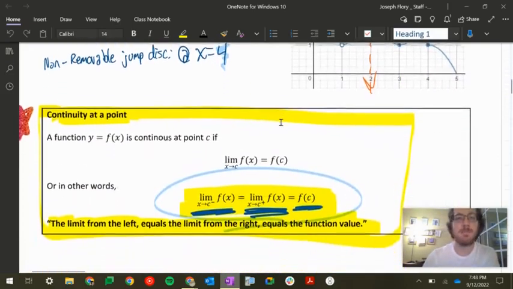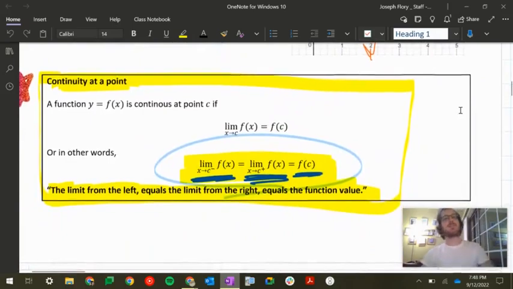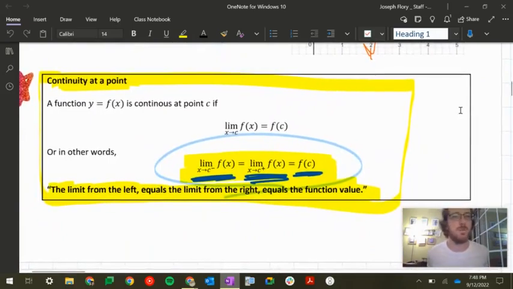Let's look at a calculus-based definition of continuity at a point. It says a function y equals f of x is continuous at point c if the limit as x approaches c of our function equals the function evaluated at that c value, f of c.